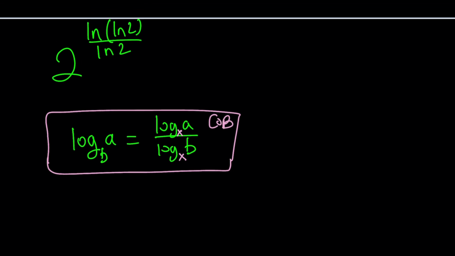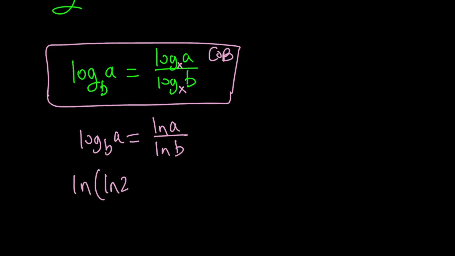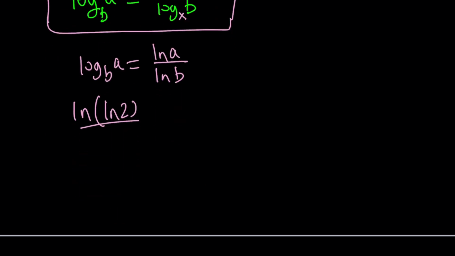Here's how you can apply it to the natural logs, because in this case we're talking about the ratio of two ln's. It would make sense to write the version of the formula with ln's: ln a over ln b. Make sense? The b is always going to be the base, so it's in the denominator, and a is in the numerator. So how do you apply that to this? We're taking this apart and just focusing on the exponent of 2.